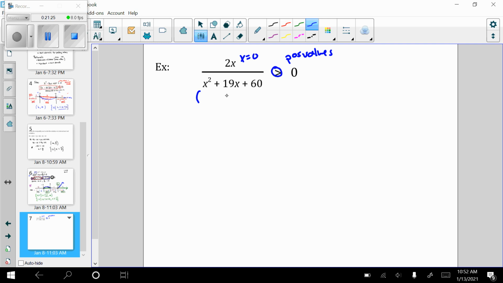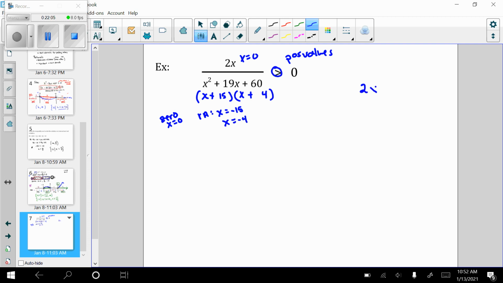Then down here, I need to determine the zeros of my denominator, which are going to be undefined vertical asymptotes. Factors of 60 that add to 19: I believe a 15 and a 4. So those two numbers add to 19 and multiply to 60. So I have a zero at x equals 0, and I have vertical asymptotes at x equals negative 15 and x equals negative 4.